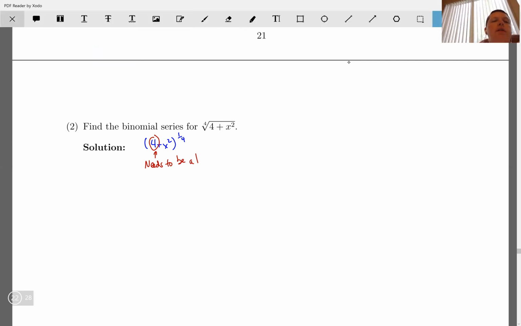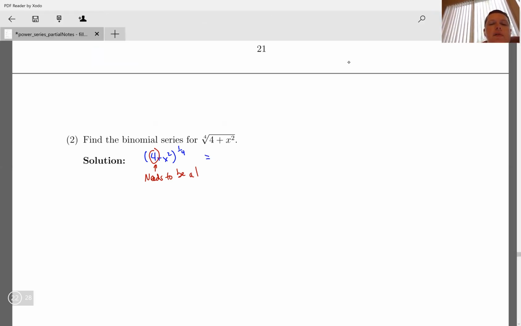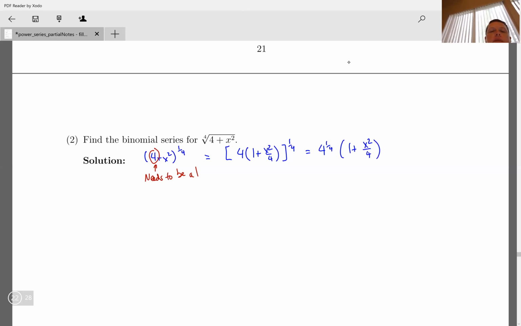So how are we going to do this? What we're going to do is factor a 4 out inside there, and then that's going to give us the 4th root of 4 times (1 plus x squared over 4) to the 1/4.